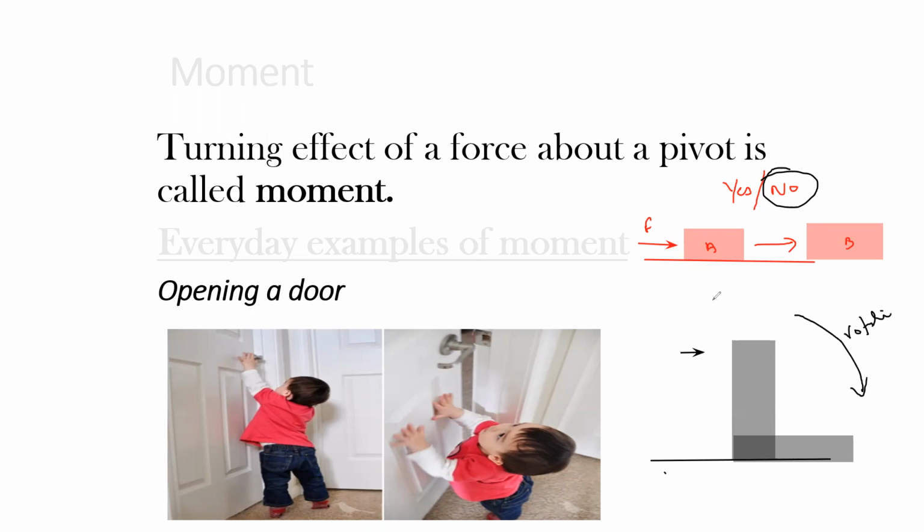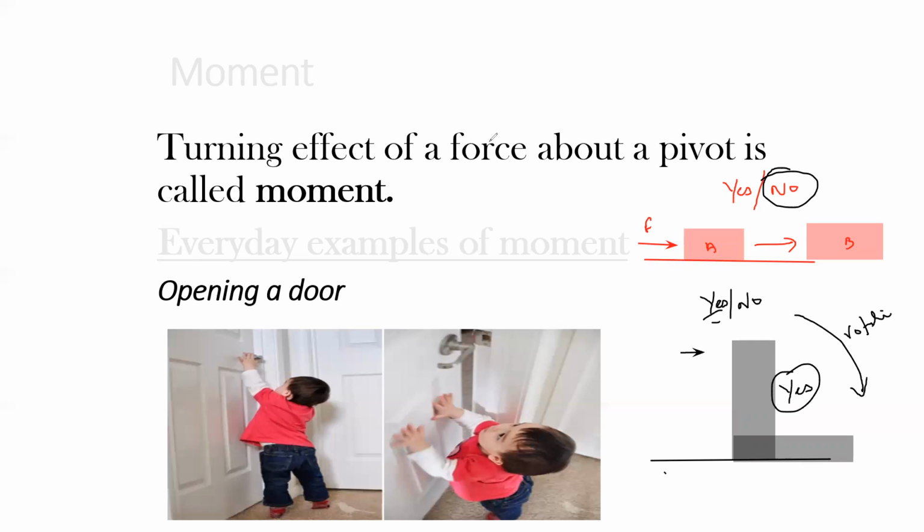So is this a turning effect of the force? Yes or no? So this is the turning effect of the force. Yes. Why? Because the object turned or flipped or rotated with the help of the force.